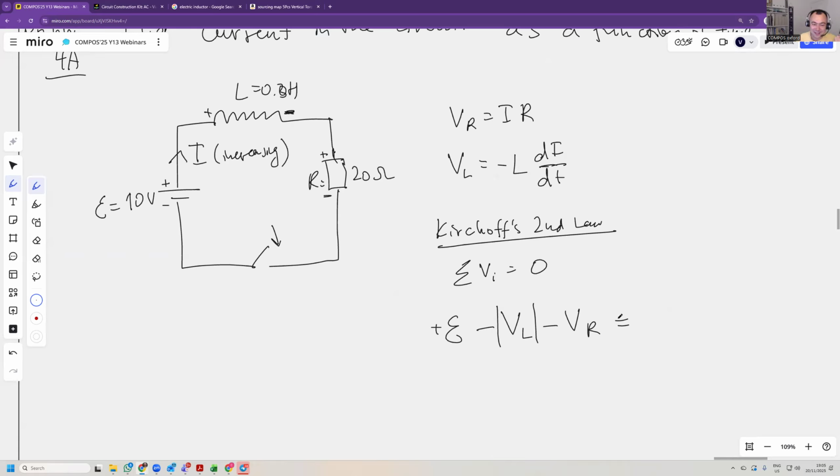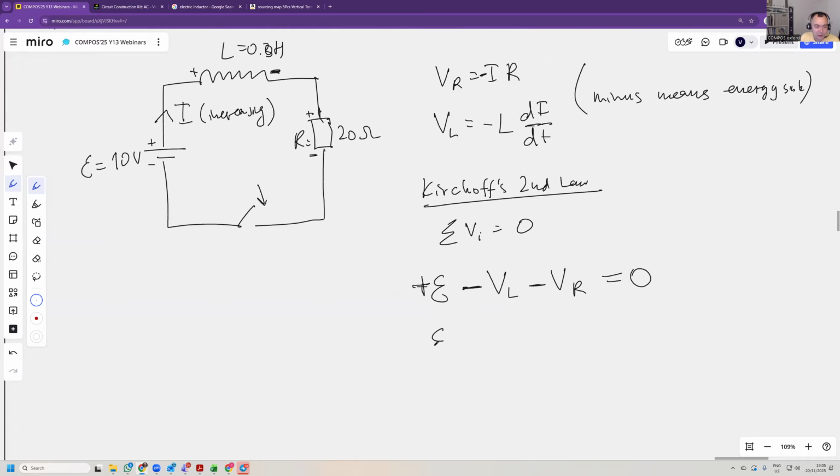Okay, we can say that the voltage on the resistor is minus. Minus means energy sink, and plus means energy supply. So energy supply minus energy sink is 0. I hope that makes sense.